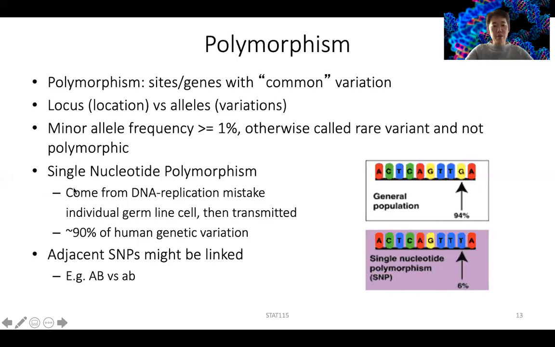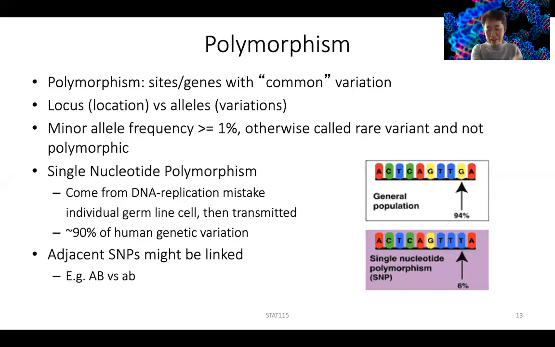And in the genome, most of these polymorphisms are single nucleotide polymorphisms, which is this single nucleotide difference between populations. This usually initially comes from a DNA replication mistake. So say a dad, a germ cell is making a sperm, that replication has a 10 to the minus 12, I think, error rate.